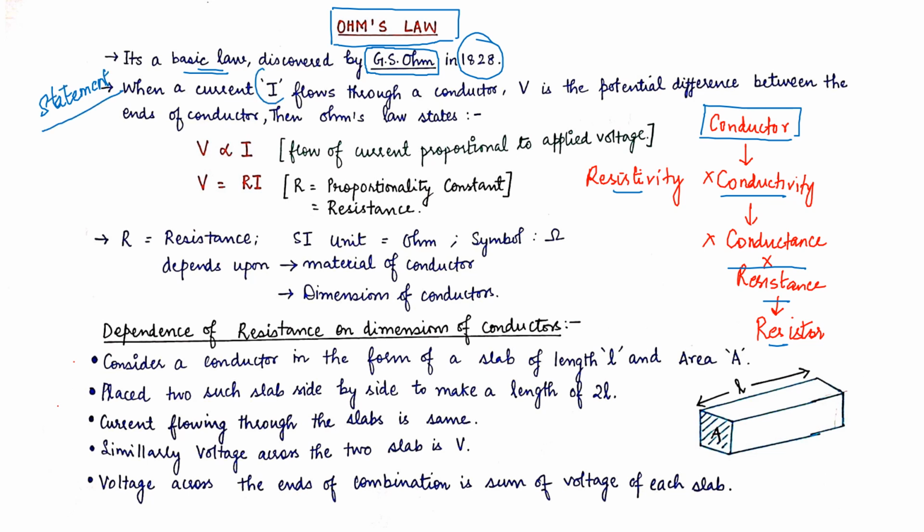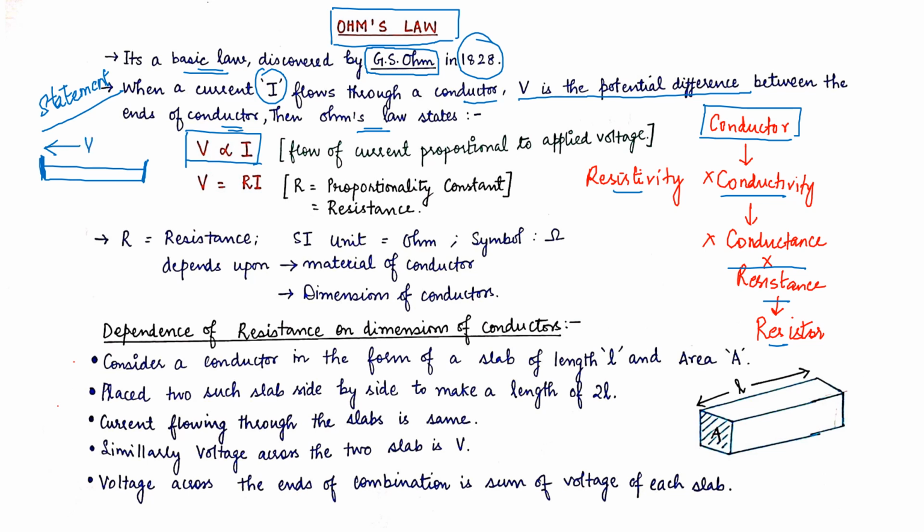when current I flows through the conductor and V is the potential difference between the ends of the conductor, then Ohm's law is given by V proportional to I. Let's assume this is a conductor. Here we have some potential and over here we have some potential.